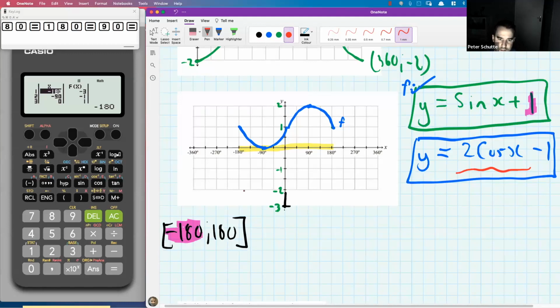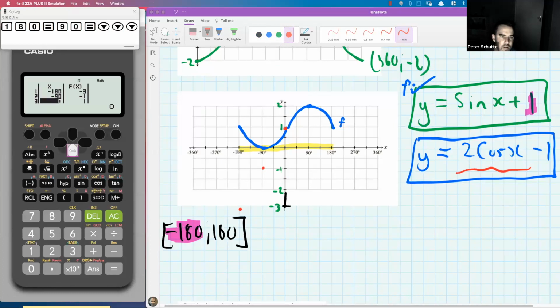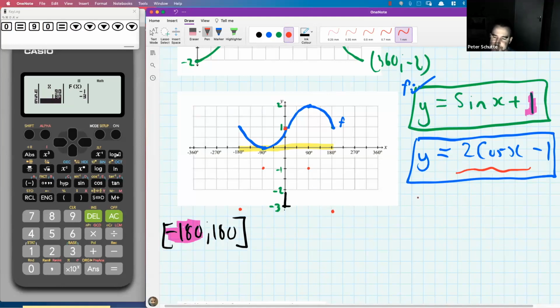So minus 180, minus 3; minus 90, minus 1; 0, 1; 90, minus 1, so back to here; and then 180, minus 3. This is interesting.